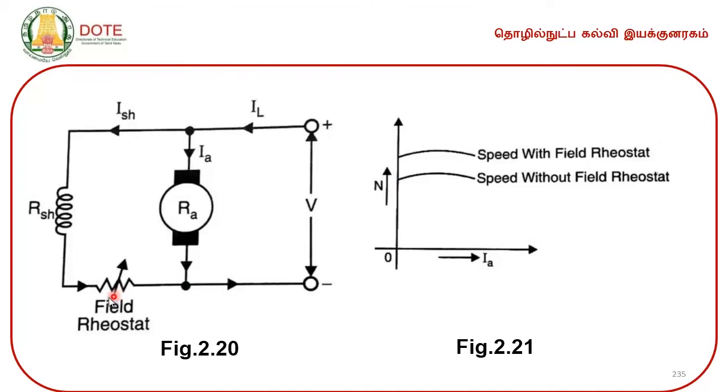Here you have added a field rheostat, that is, a variable rheostat. Now you can vary the magnitude of resistance of the shunt field circuit. Once this field rheostat is included with the shunt field resistance, the resistance of the shunt field will increase. Here, RSH is the actual shunt field resistance.